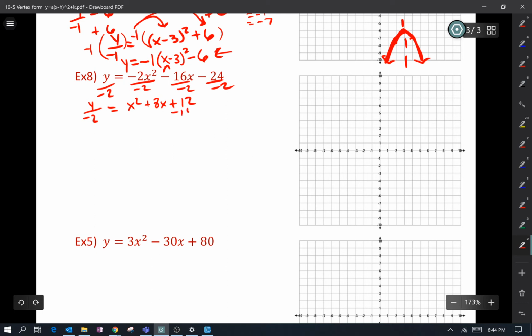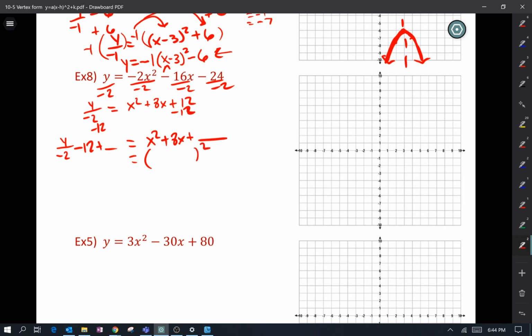Then we're going to bring the 12 over, right? Just like we did before, bring the 12 over. So we're going to get y over negative 2 minus 12 plus something equals x squared plus 8x plus something so that I can make a square.